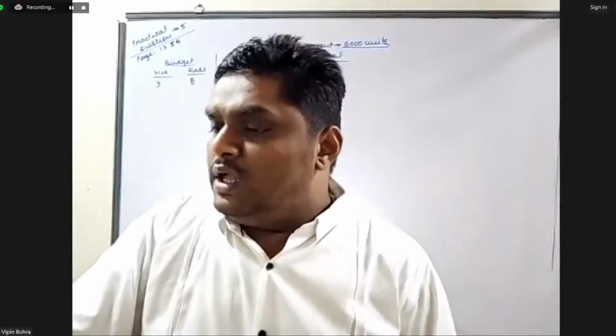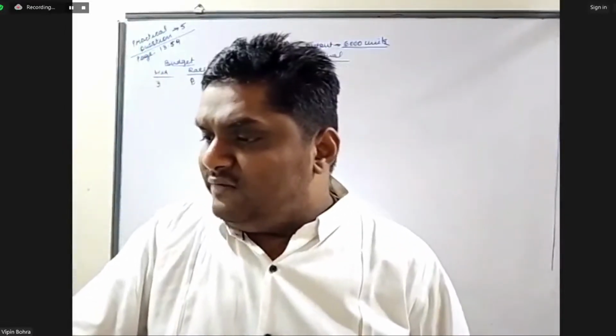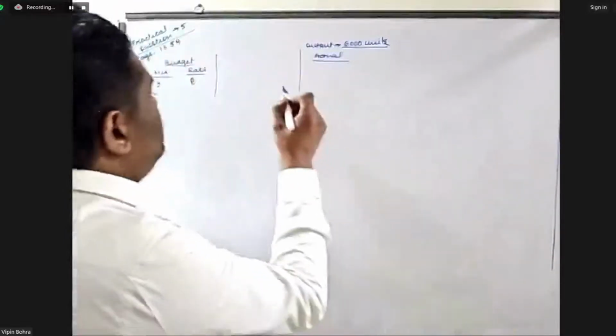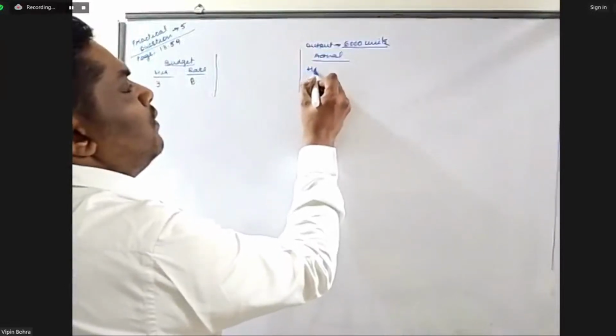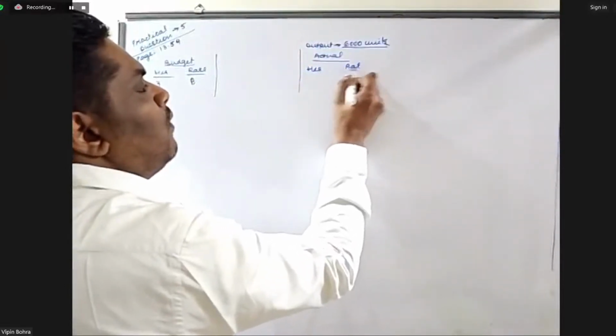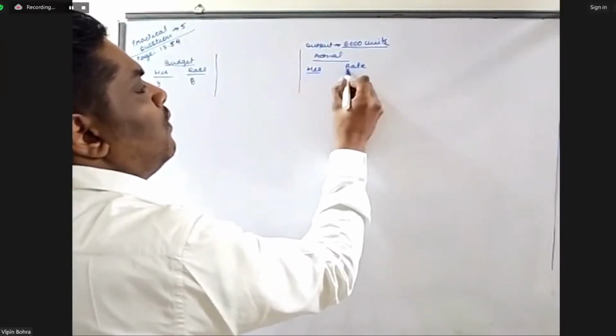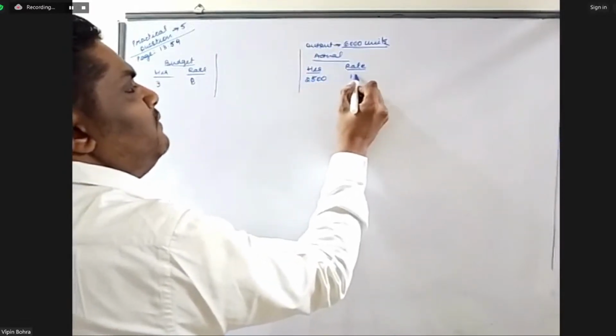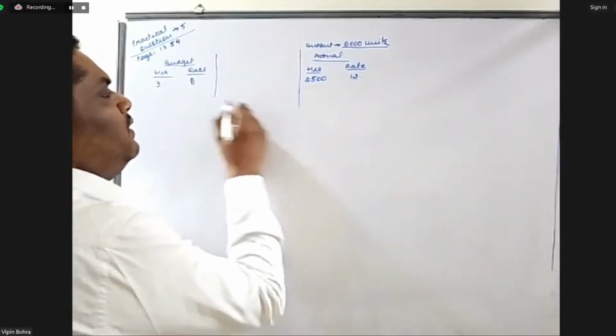So the company worked for 17,500 hours. So for 2,500 hours, the company were paying at the rate 12 per hour.